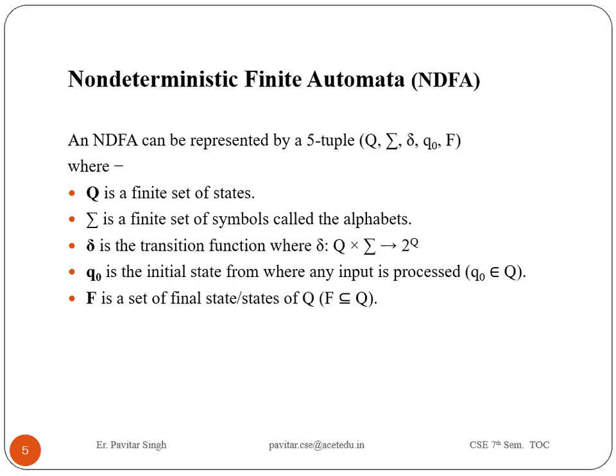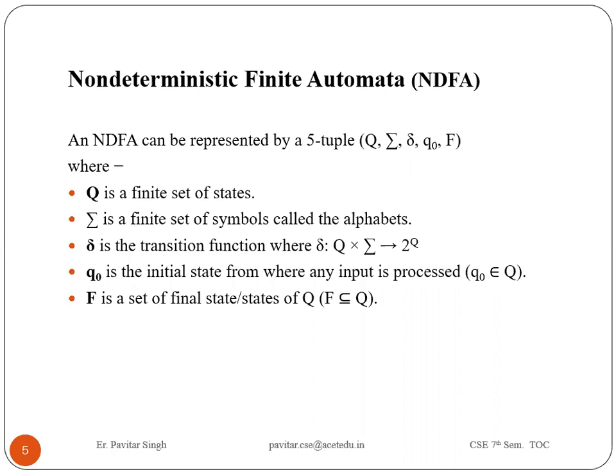Just like DFA, NDFA has the same 5 tuples: Q, sigma, delta, Q naught, and F. Here Q is your finite non-empty set of states. Sigma, finite non-empty set of symbols called alphabet. Delta is your transition function. In this you will get a change, right? And Q naught is the initial state, F is the final state, right?